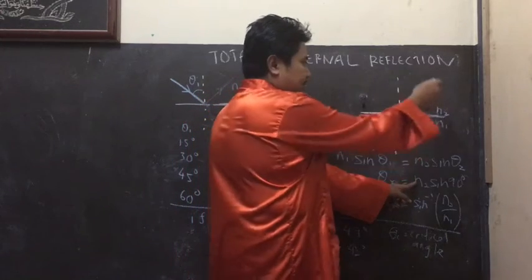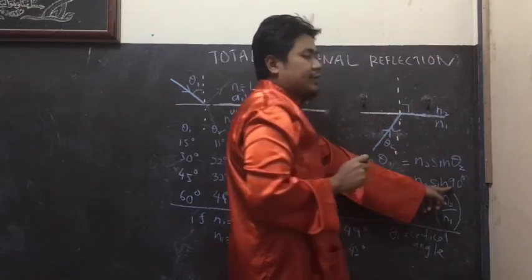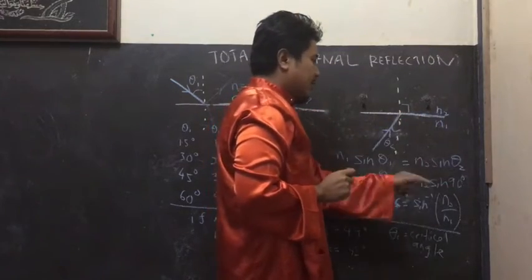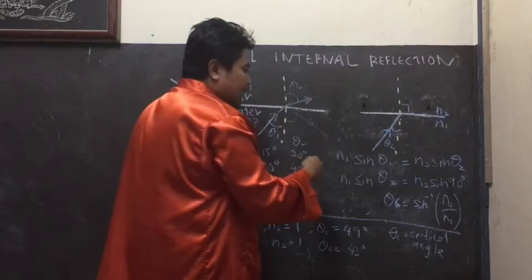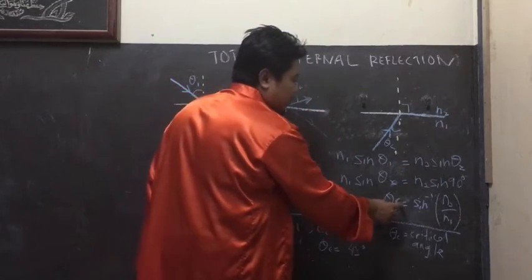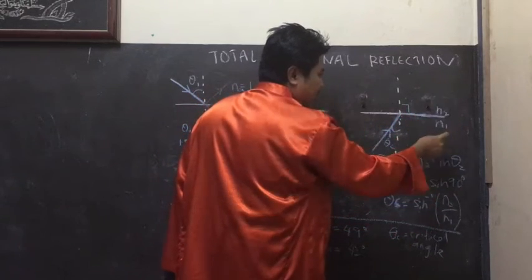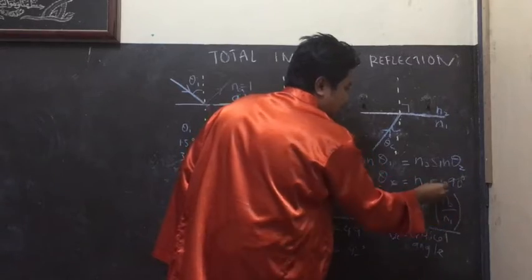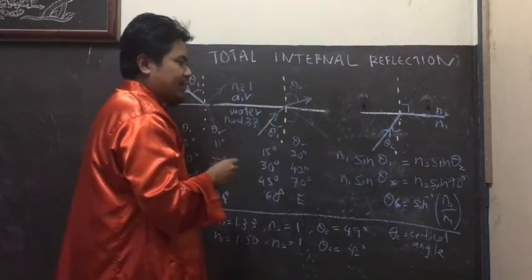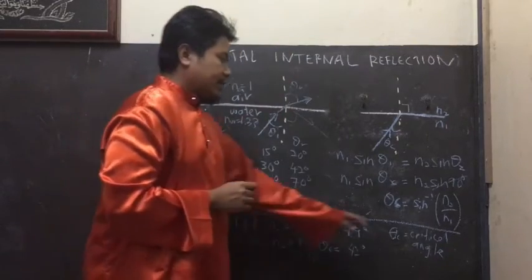And this is the second medium, sine 90 degrees. 90 degrees means the refracted angle is 90 degrees. So the critical angle is equal to sine inverse of n2 divided by n1, since sine 90 degrees is equal to 1.